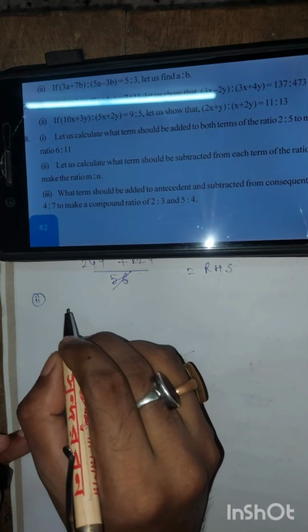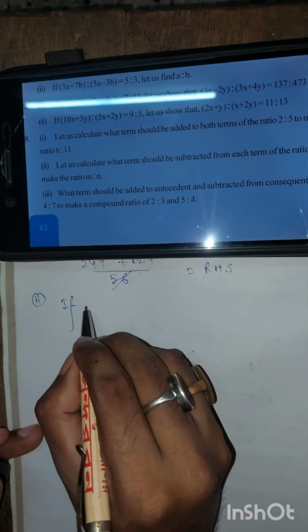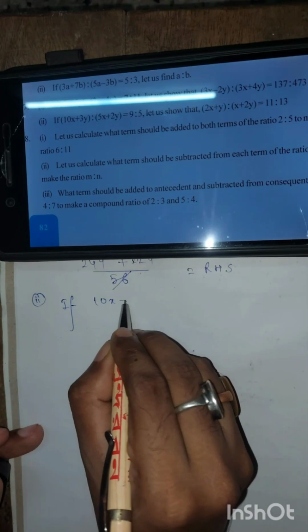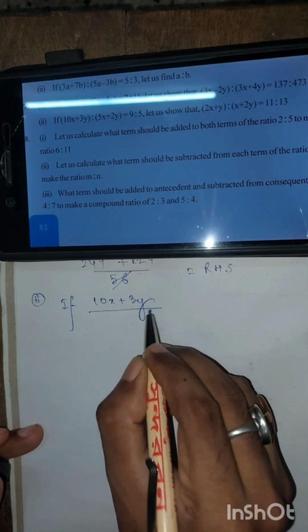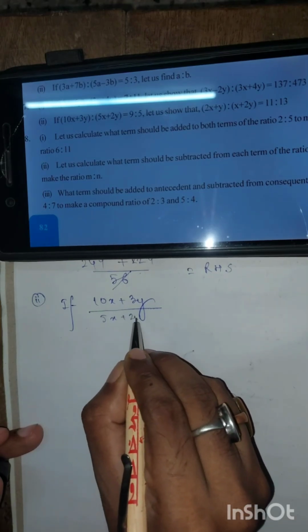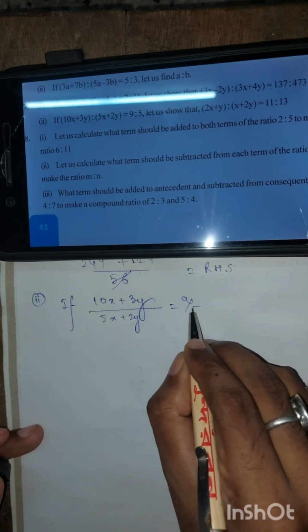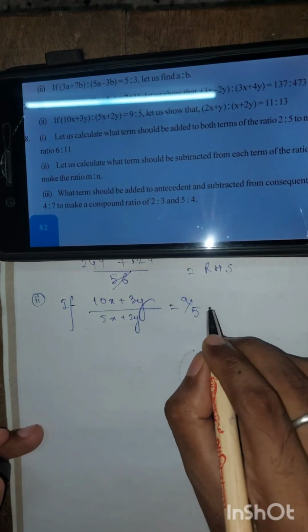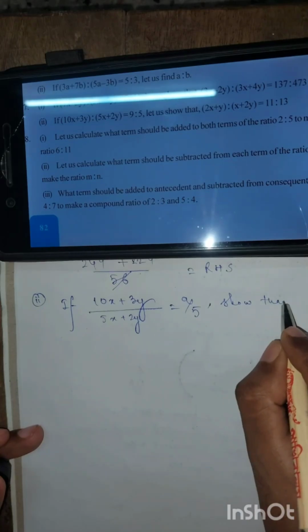Roman 2 says, if plus 3y by 5x plus 2y is equal to 9 by 5, show that.